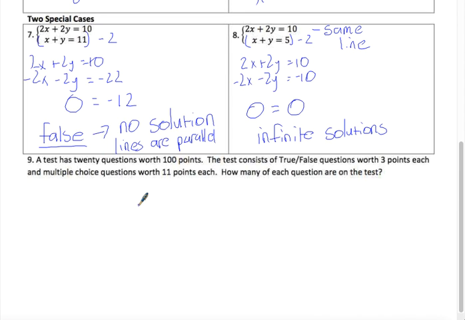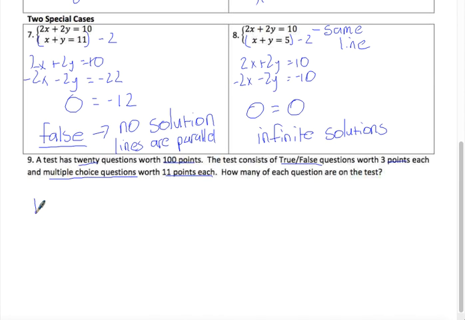All right, and then lastly, a word problem. So a test has 20 questions, and the test is worth 100 points total. We have true-false questions that are worth 3 points, and we have multiple choice questions worth 11 points. And we want to know how many of each question are on the test. So we can see we have two variables.